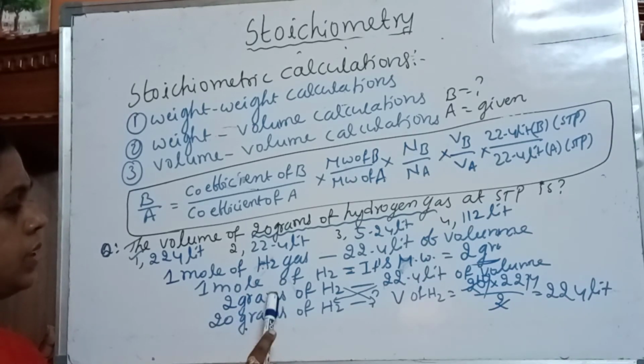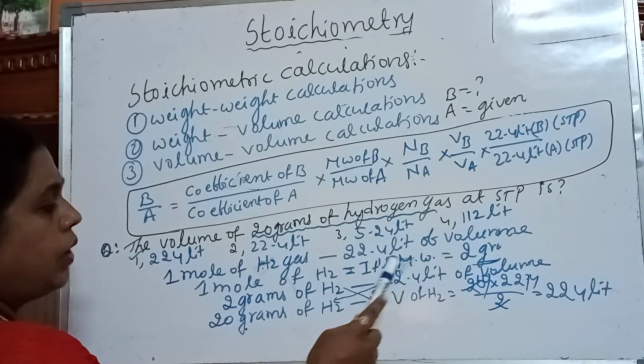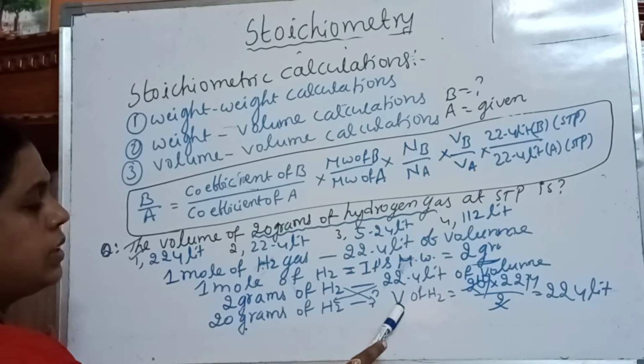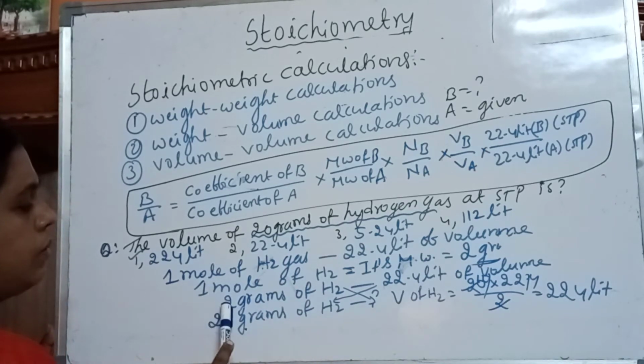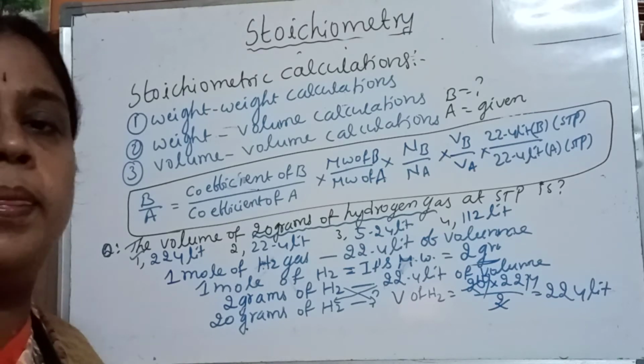Grams is the unit for mass. And we have to calculate volume. This is volume, this is grams. So this is a weight to volume calculation. Okay, then go for the next problem.